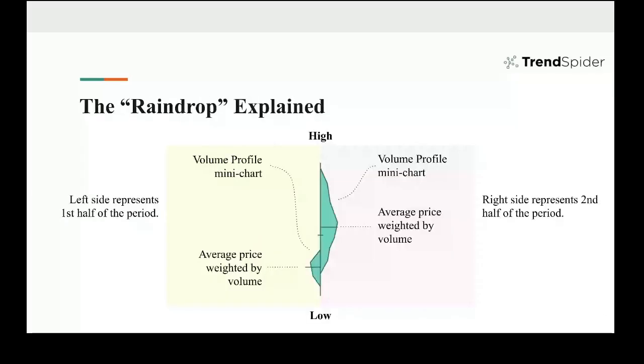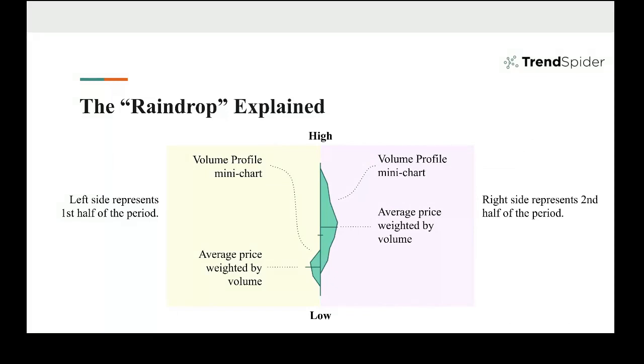The volume histogram along the bottom here represents where volume was. That means where the trades actually were during the first half of that trading period, so the first half hour in this example. The dash on both sides represents the volume-weighted average price for that half, and obviously the histogram on the second side represents where the volume was on the second side of this particular period.